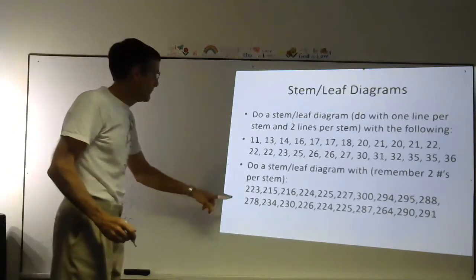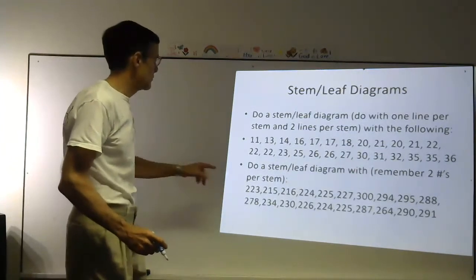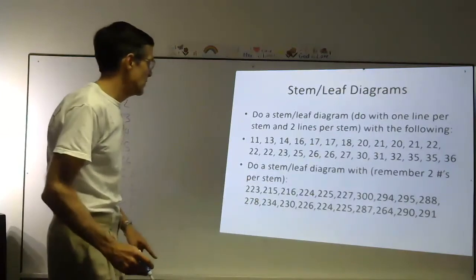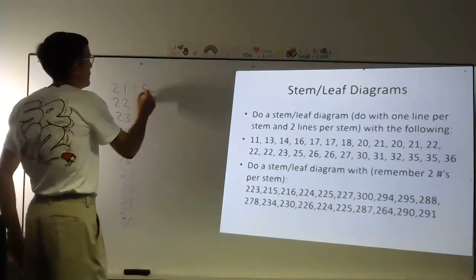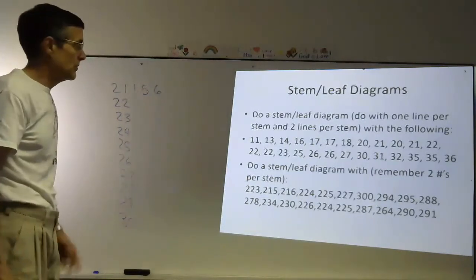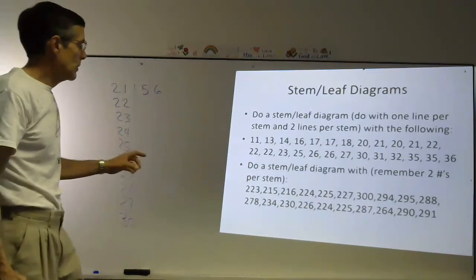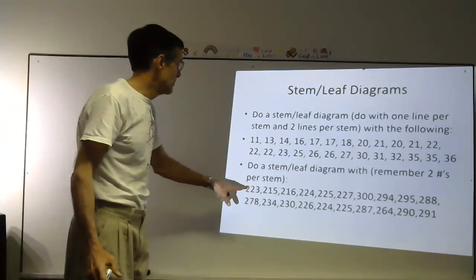Let's just do the 21s first. So I have 215, 216. Are they the only ones? I think so. See it? Now starting with the 220s, I'm trying to make sure I don't miss any.